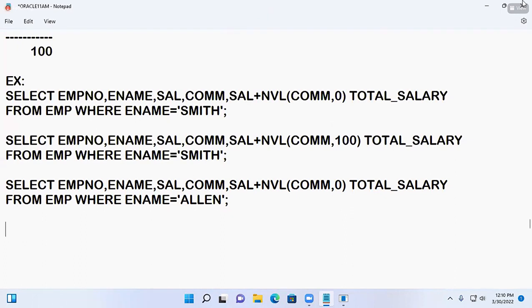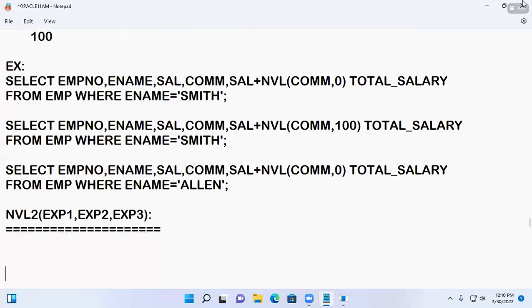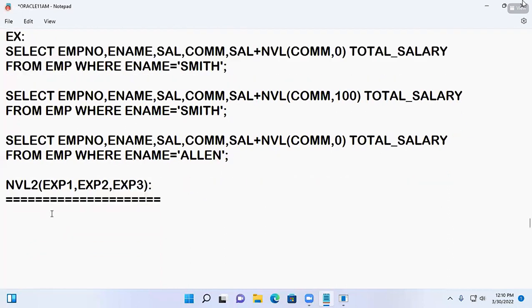Here, observe. Next one is called NVL2 of expression 1 comma expression 2 comma expression 3, which is another function. NVL2 is an extension of the NVL function.